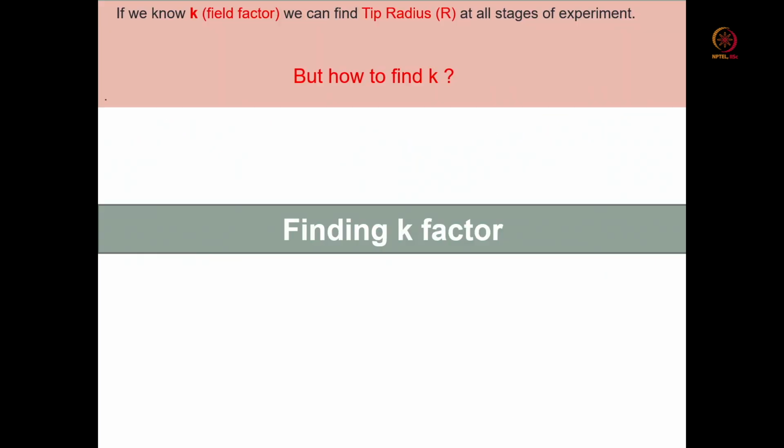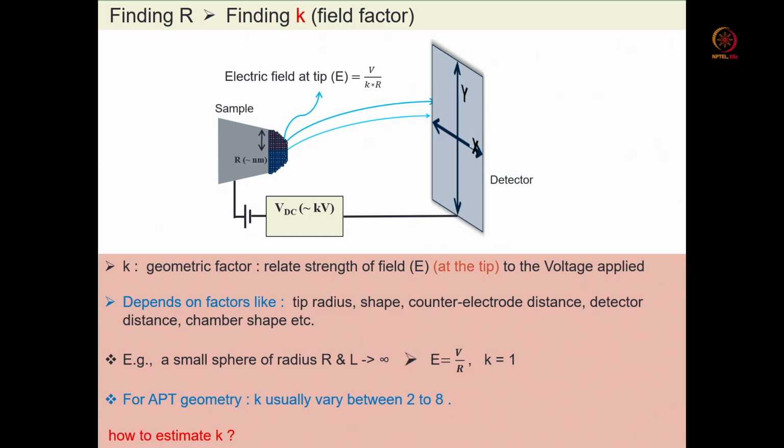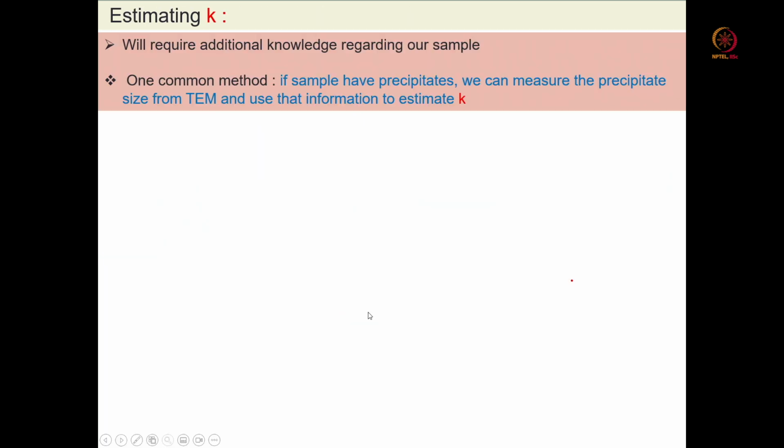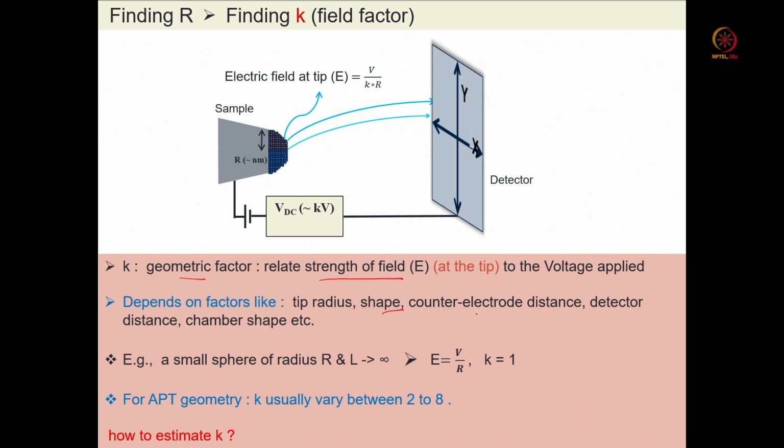Now the next thing is how to find the K factor. K is a geometrical factor. As I told you, it relates the strength of the field at the tip to the applied voltage. It depends upon the tip radius, shank angle, counter electrode distance, detector distance, and chamber shape.